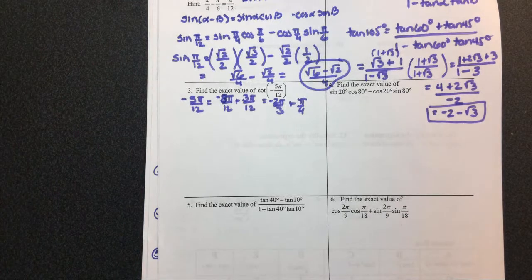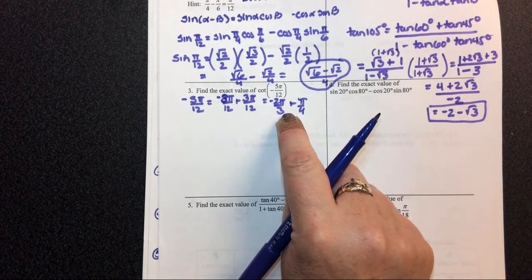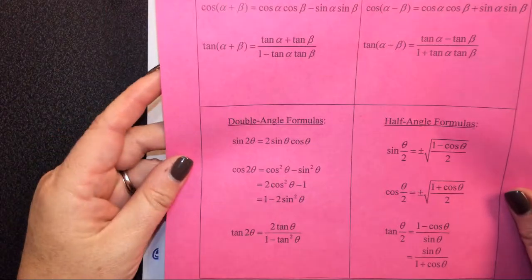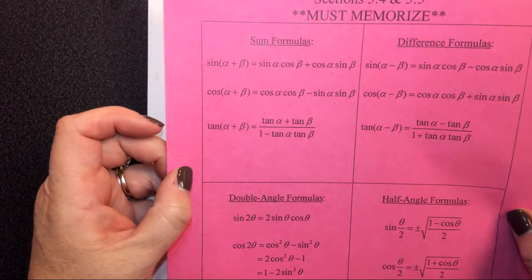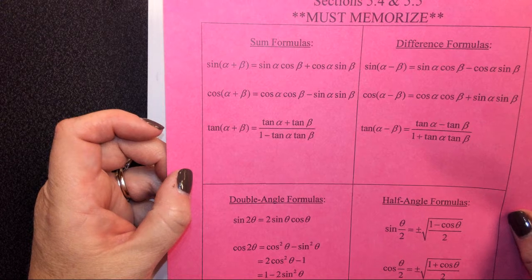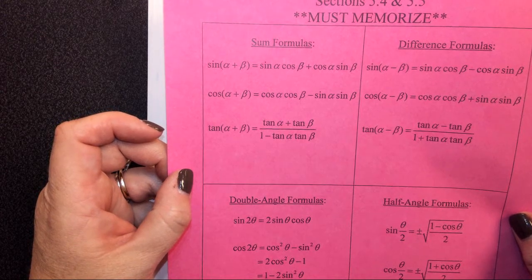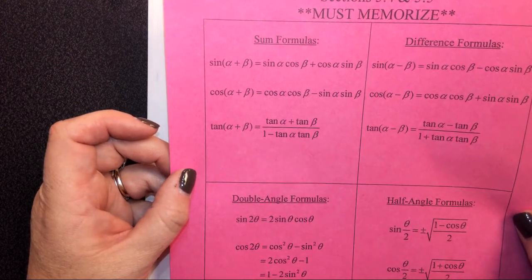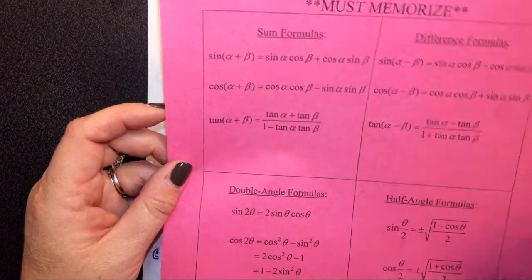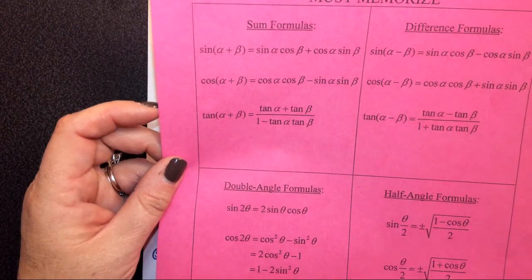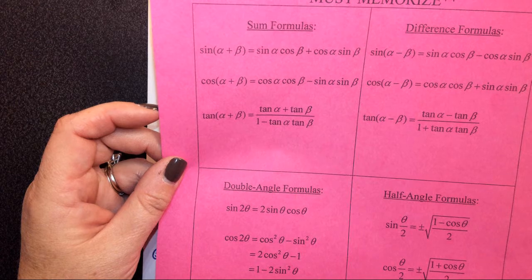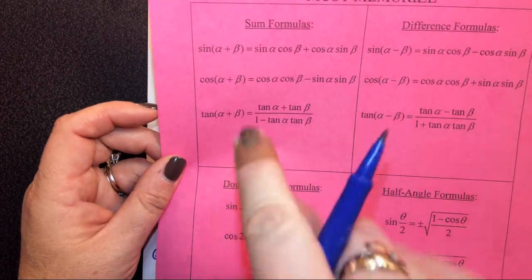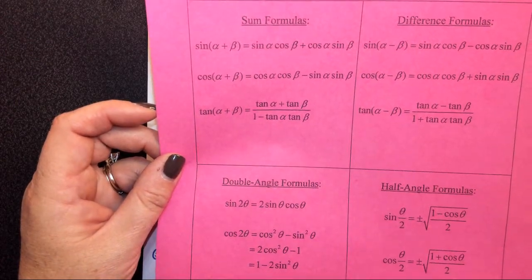So now, great. I'm going to go to my formula sheet. I want to find the cotangent of a sum. Wait a minute. Do I have a cotangent sum formula? No, but you do have a tangent formula. So guess what you have to do with the tangent sum formula? You're going to have to do the reciprocal. So when you want to do secant, cosecant, or cotangent, you have to use its reciprocal and then take the reciprocal of that particular formula.